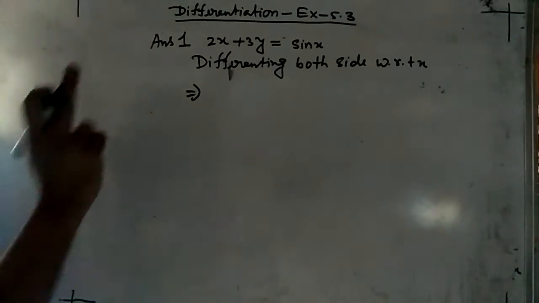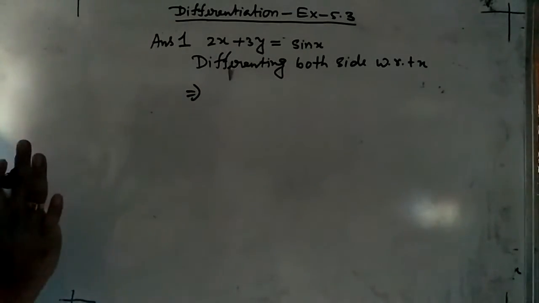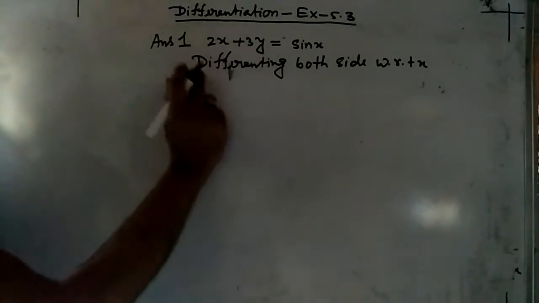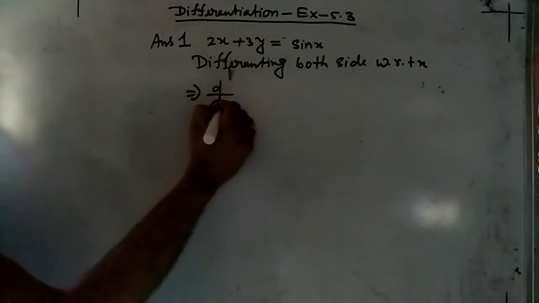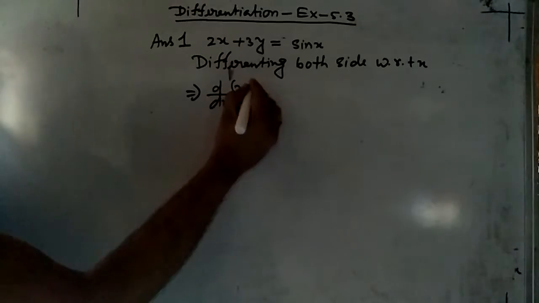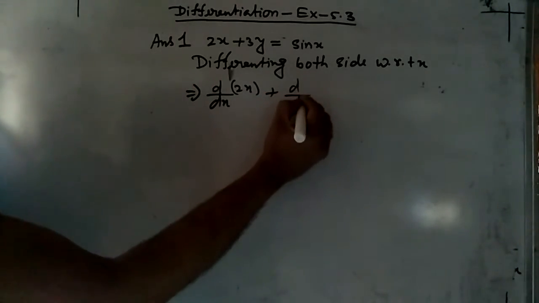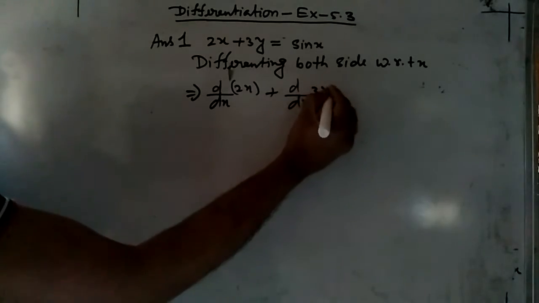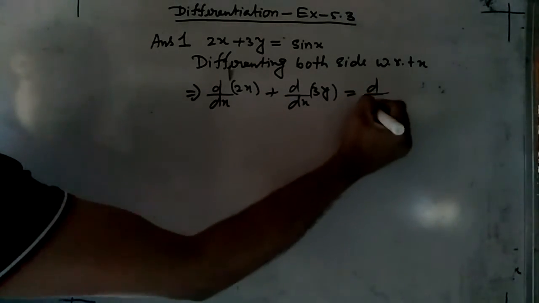All the terms we have to differentiate since it is an equation. Is it clear? If we differentiate both sides, then d by dx of 2x, the derivative of the first term, d by dx of 3y, the derivative of the second term, equals d by dx of sin x, right?